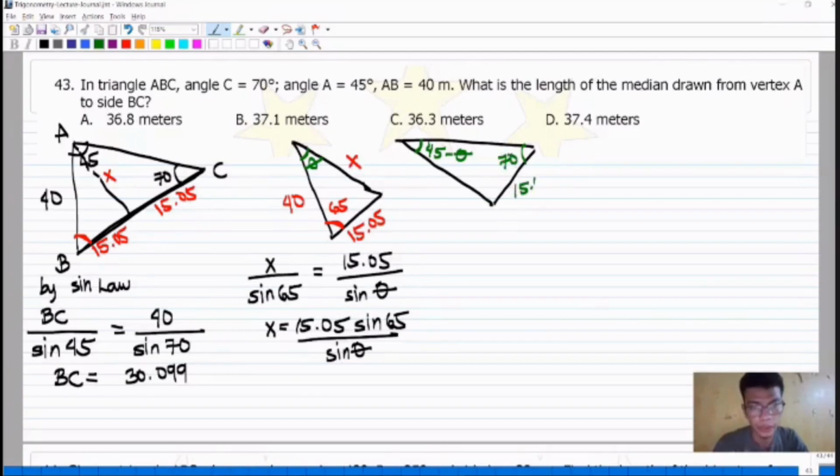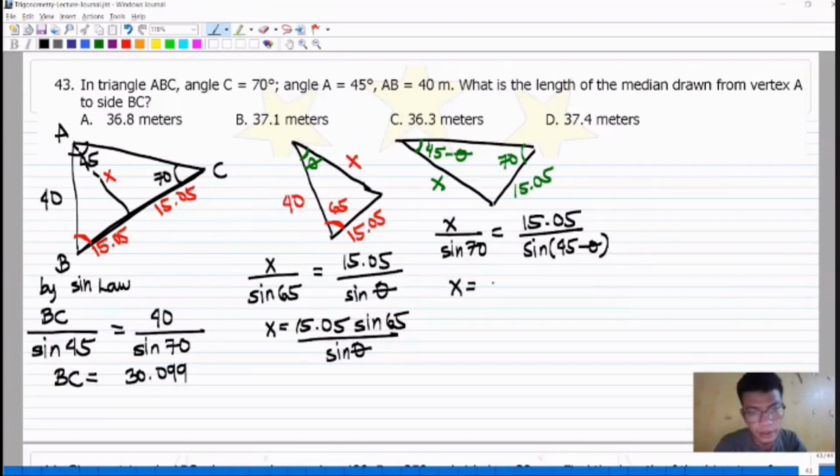Sure tayo na 15.05 ito, and ito naman ay x. Sine law ulit: x over sine 70 is equal to 15.05 over sine of the angle 45 minus theta. So for x, that will be 15.05 sine 70 over sine 45 minus theta.